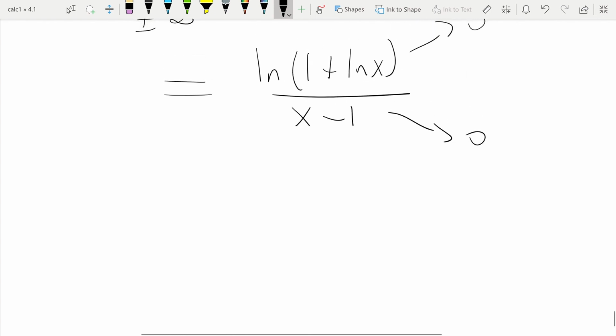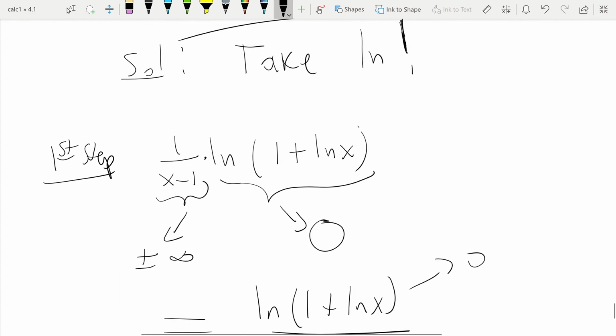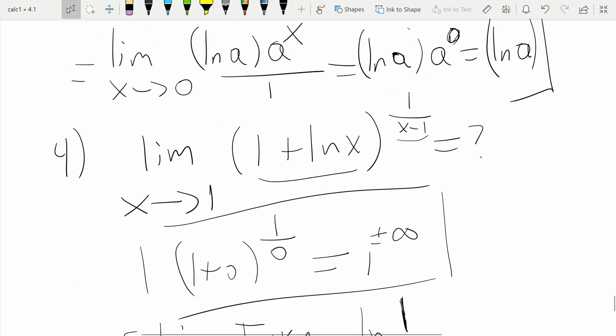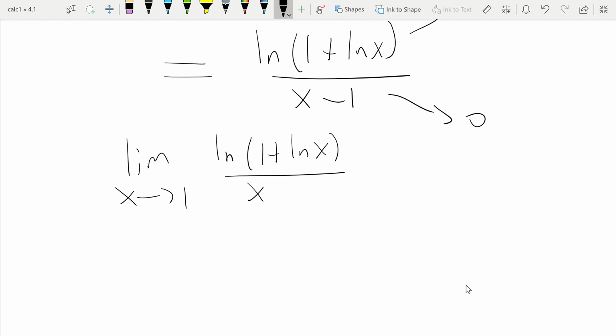So now that we have this, we compute this limit as x approaches 1. This is the limit of the natural log of 1 plus natural log of x over x minus 1. And here we can apply L'Hopital's rule.